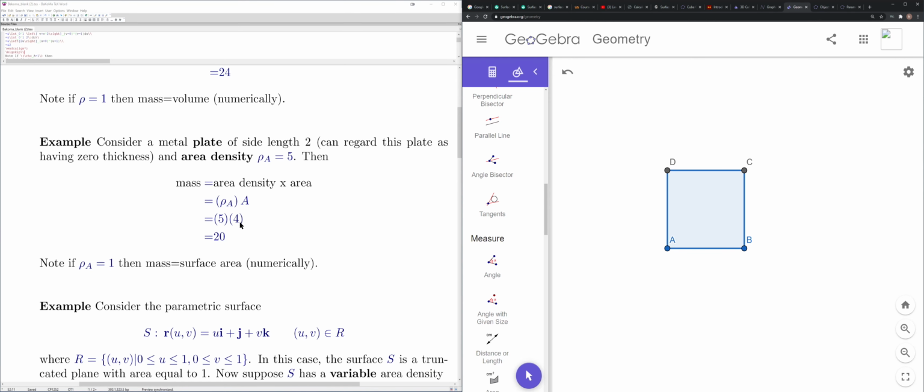Before I get into the calculation of the surface integral, let's recall one last thing. If I have a square metal plate that happens to be on the plane, and it has an area density equal to 1, then when I work out the mass, I get the area density, which is 1, times the area, so the mass is just equal to the surface area.